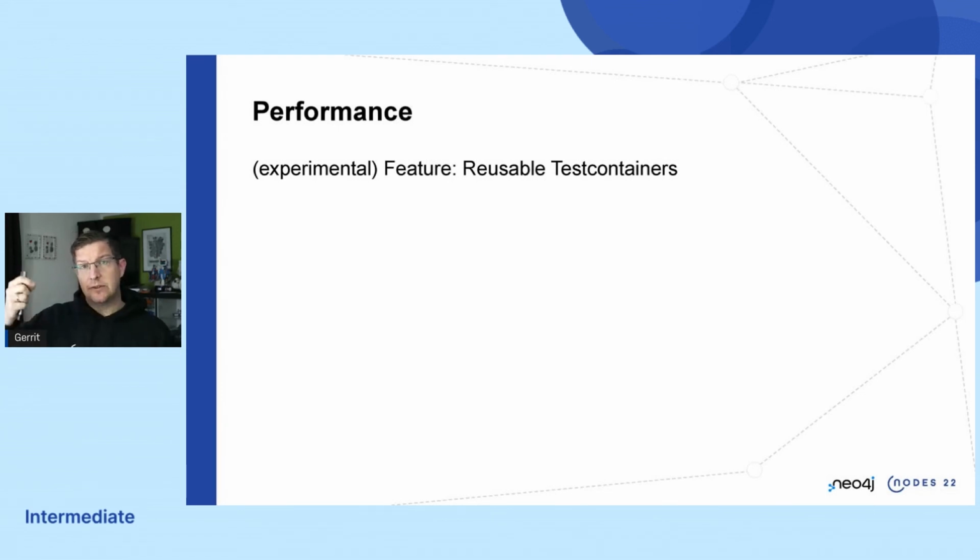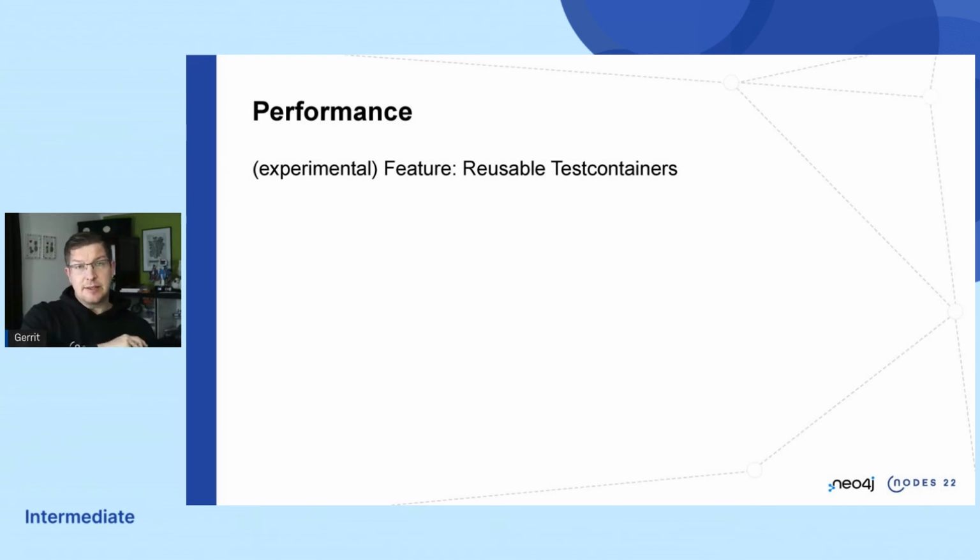So you have the definition of the container, you want to start a container, and then you want to have this reusable functionality enabled. It's still experimental, but it will keep your container running, so it does not tear it down before all the tests have ended.